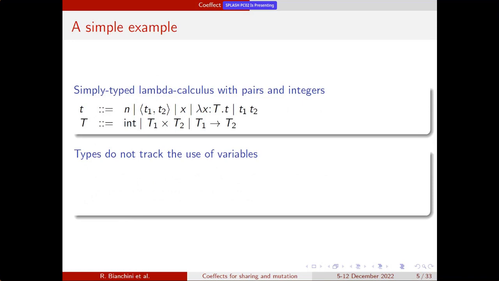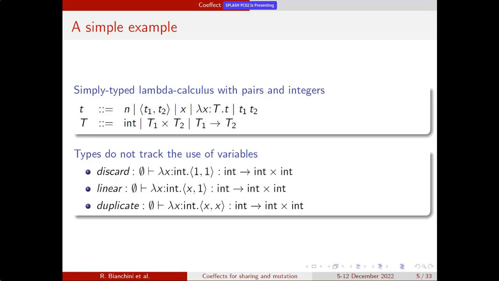You all know lambda calculus. Imagine we make a lambda calculus with an extension for pairs and integers. However, if you use a simply typed lambda calculus strategy, functions like discard, linear, and duplicate will all have the same type.